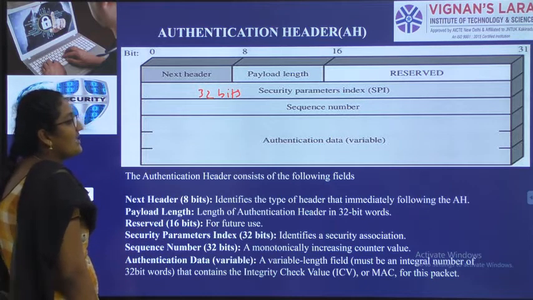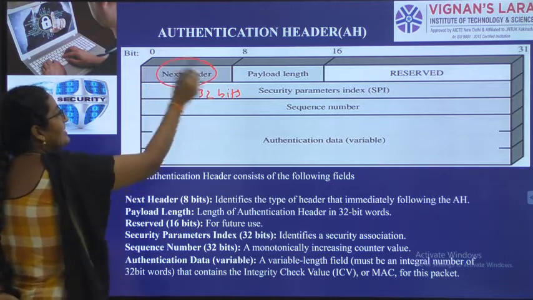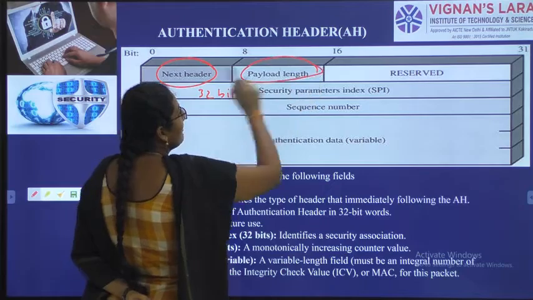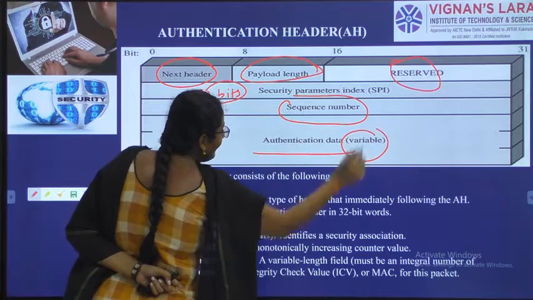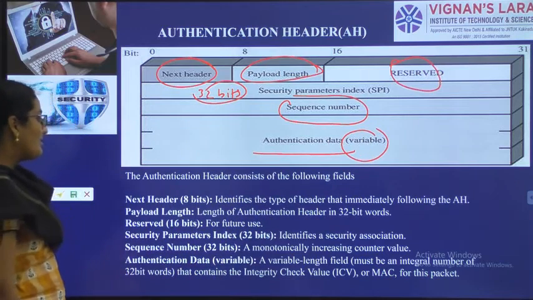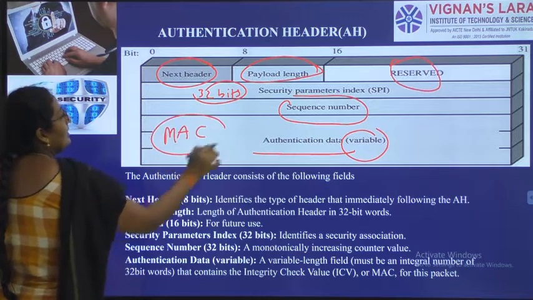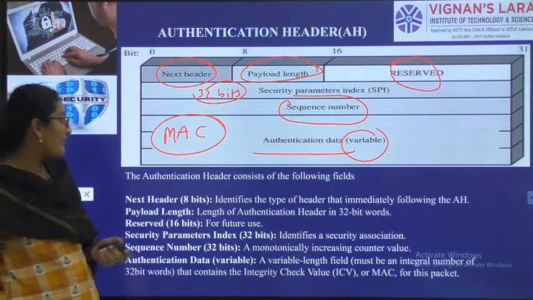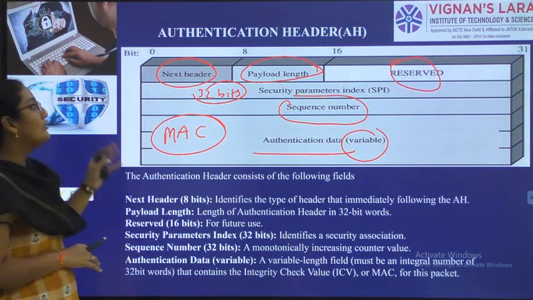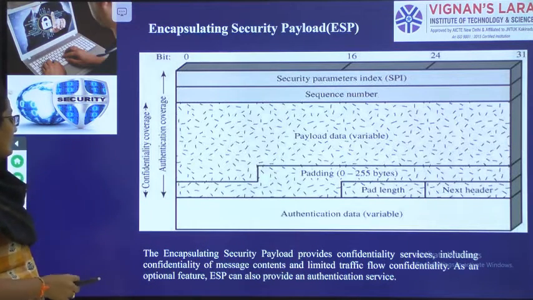So: 8 bits for next header, 8 bits for payload length, 16 bits reserved, 32 bits for security association, 32 bits for sequence number, and authentication data which is variable. The exchange of the MAC, the message authentication code, will happen in the authentication data. So this is the structure of the authentication header.